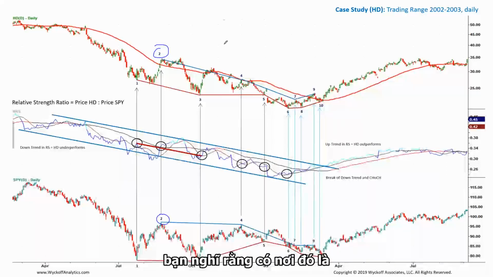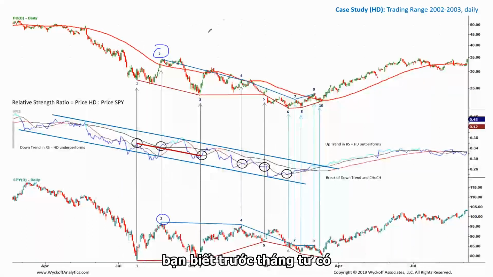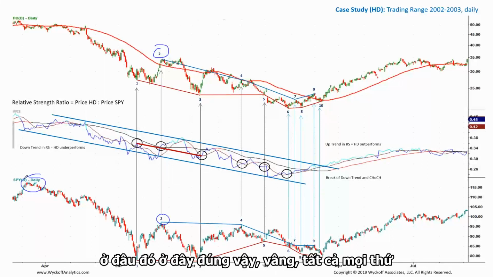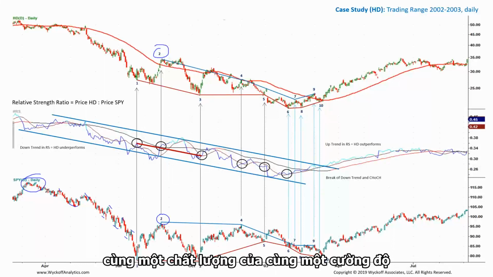Where would you think that significant previous high is, for SPY or Home Depot, which one? Either. You probably have to look at both. I mean, the previous significant high looks like prior to April there. Yeah, somewhere here, right? Yep. Everything else here is just of the same quality, of the same magnitude.